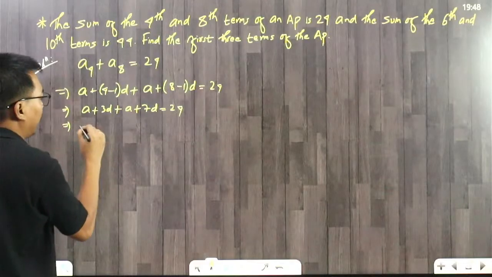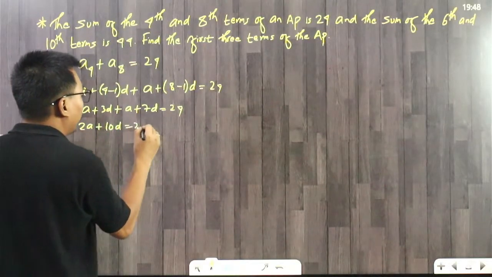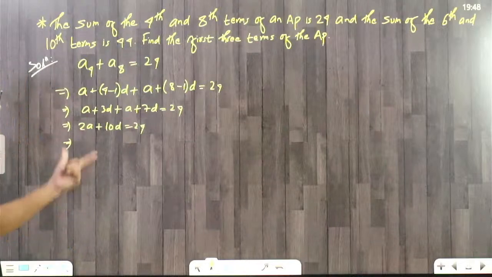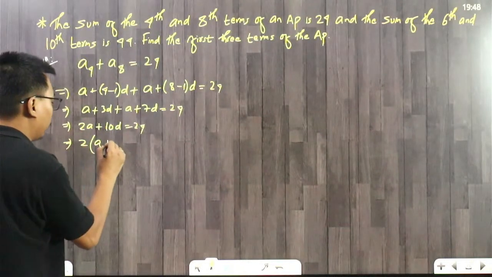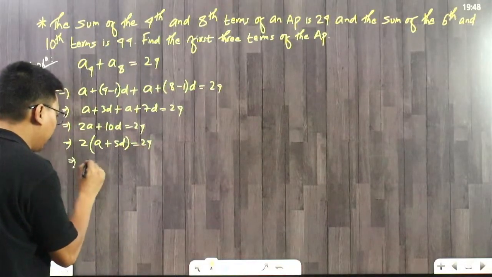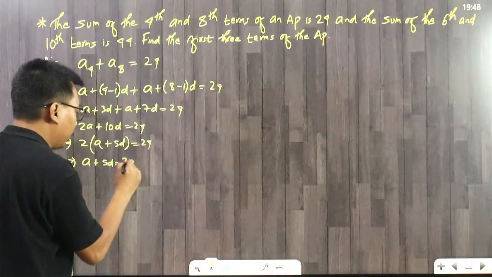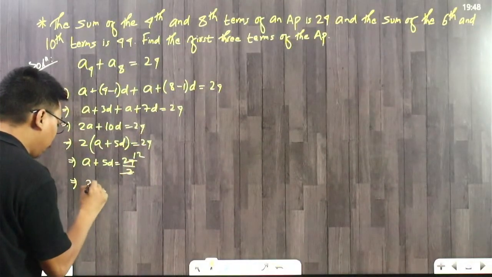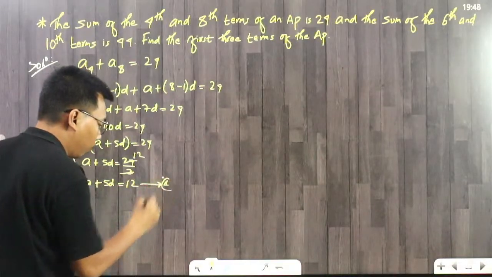A plus A is 2A, 3D plus 7D is 10D, equal to 24. Here we have 2 and 10, so we can take 2 common. A plus 5D will be equal to 24 divided by 2, which is 12. So A plus 5D is equal to 12. This is our equation number 1.